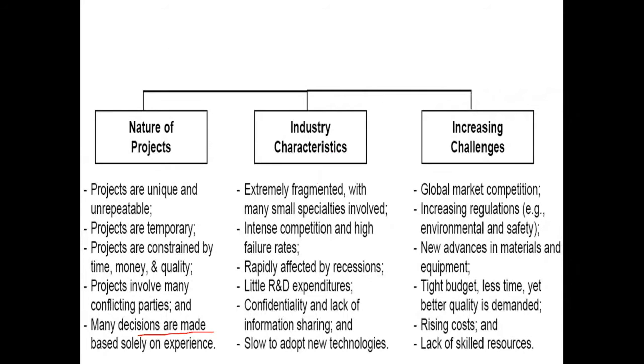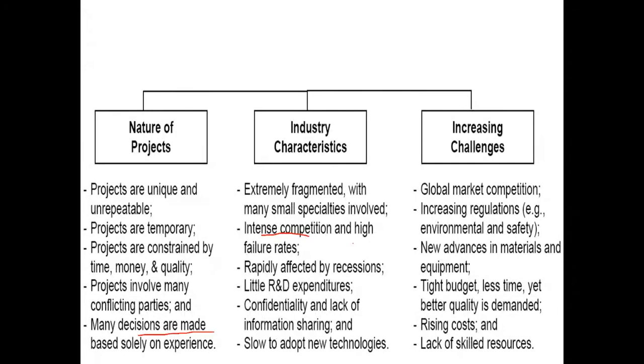And then there are industry characteristics such as extremely fragmented with many small specialties involved. So a number of different subcontractors, SMEs, and small scale construction companies comprise a vast majority, over 90% of the construction industry. There is intense competition and a high failure rate. And as a result of intense competition, contractors may be competing with each other at very tight profit margins.